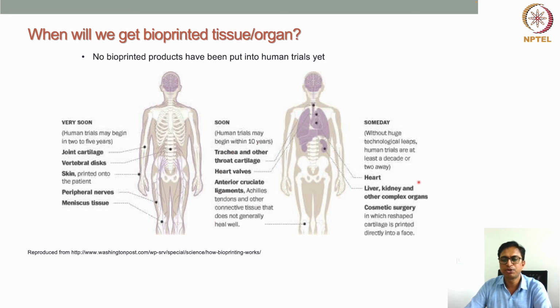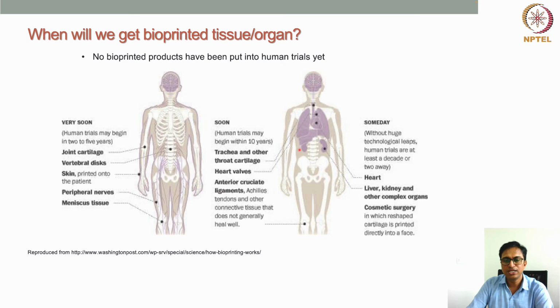But if you think about complex tissues like solid organs, such as heart, liver, kidney, and lung, it may take 10 to 20 years before they can be used for clinical applications. As I said, there are technological limitations and also regulatory challenges.